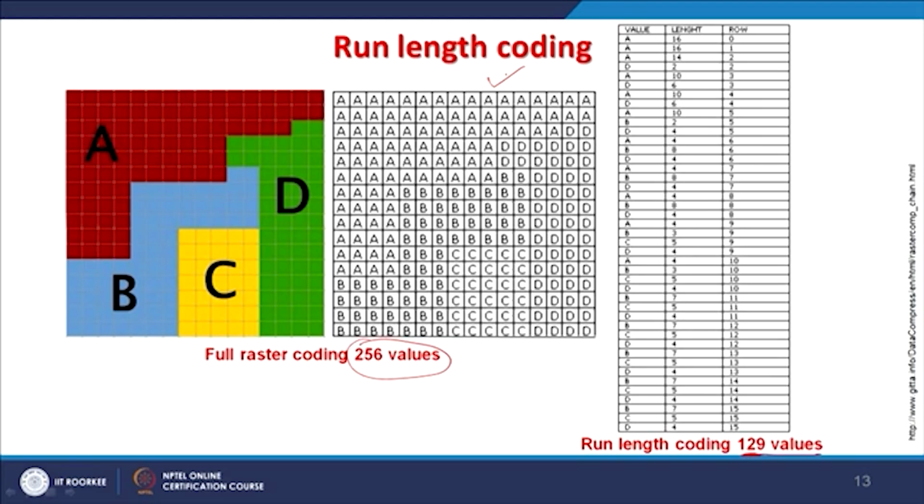So instead of that, if we code in run length coding, we end up with only 129, and that means we are getting rid of redundancy, and further that also means we are achieving compression. But this is a very small image. Many times we handle really huge images, and therefore reducing from 256 to 129, we can achieve very high compression, almost half.